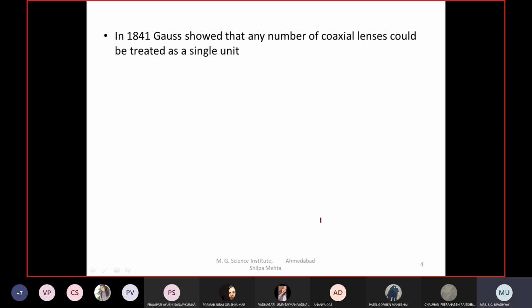So we know that here we are not going to consider only one thin lens. We have to consider a series of lenses. If we have any complex optical system, telescope, camera, whatever, that system consists of many lenses. And according to Gauss, in 1841, he predicted that this lens system is considered as a single unit.